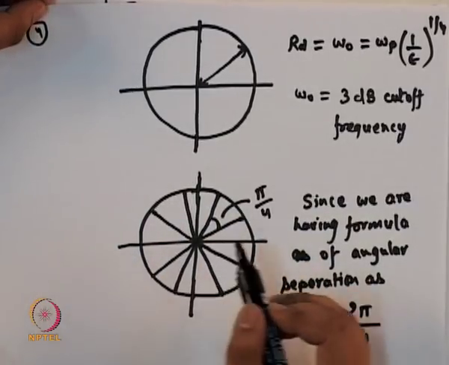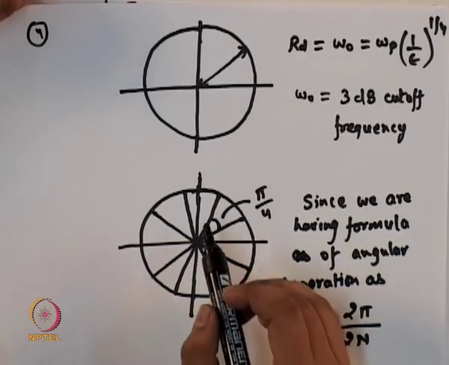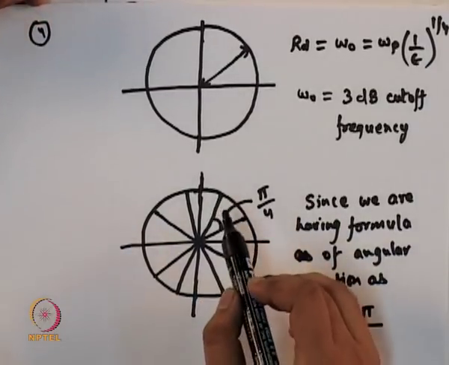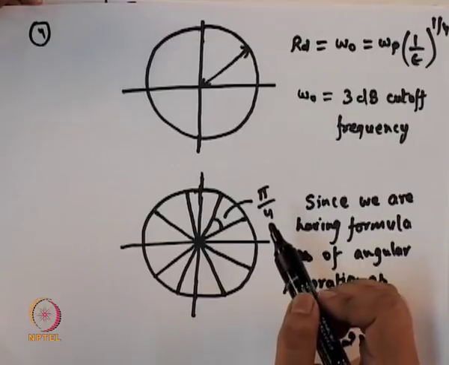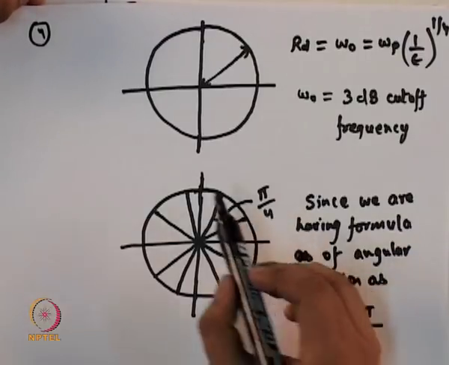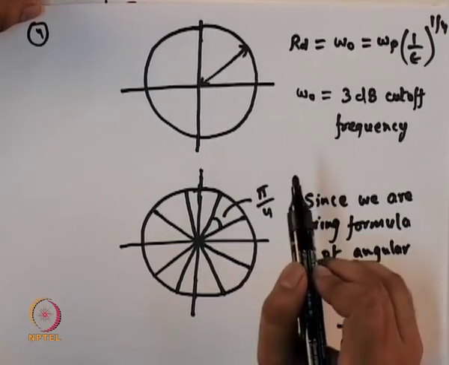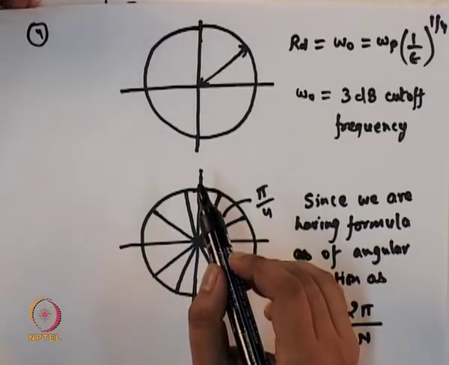In the next discussion, I will be focusing on the poles on the left hand side, because the poles on the right hand side belong to the conjugate of the same transfer function. So I will be dealing with the transfer function, not with its conjugate, and taking into account the poles on the LHS.